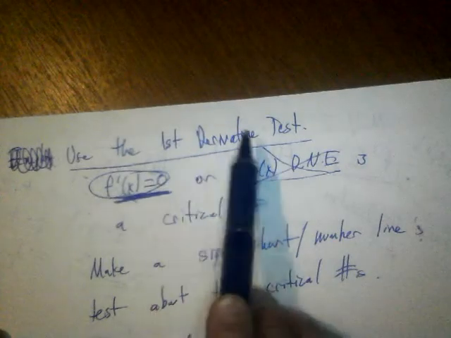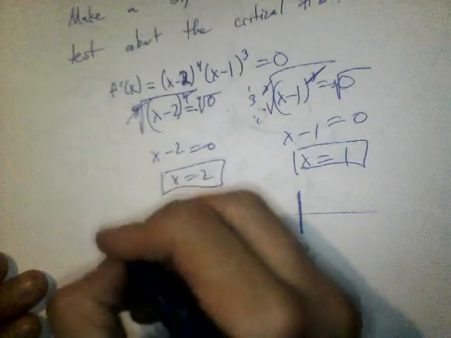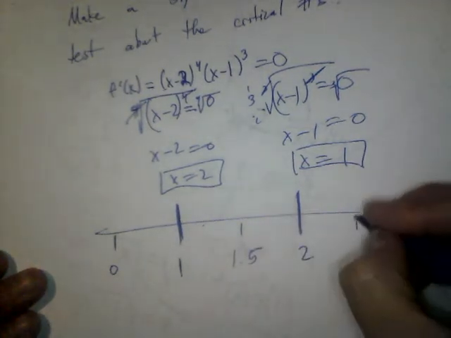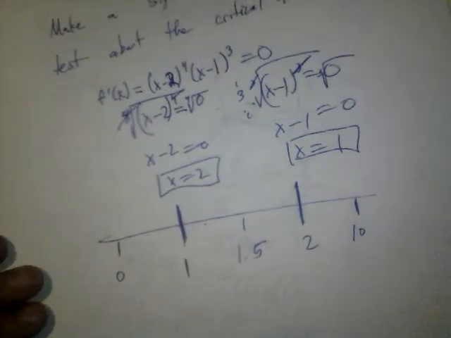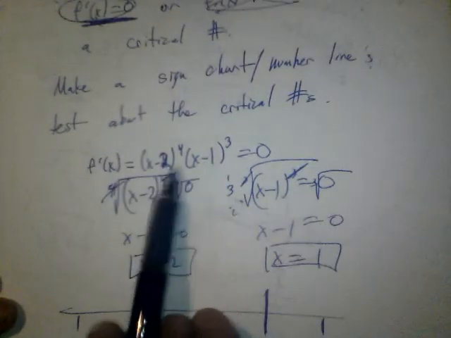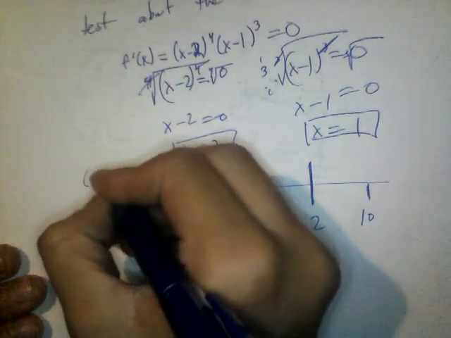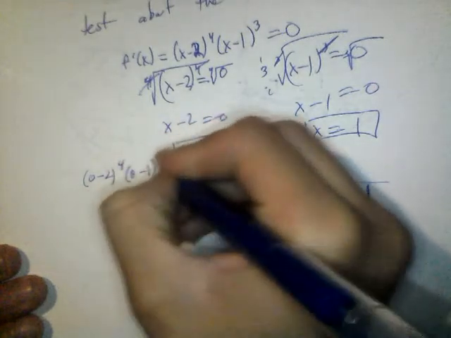Notice it's called the first derivative test because you're going to pick values and plug them into the first derivative. So let's pick some. You always want to pick easy ones. We're going to pick 0, 1.5, and maybe 10 or something. It doesn't matter, I'm just picking whatever. I'm going to plug them into the derivative. If I plug 0 in, I'm just plugging them into f prime, and I don't care about the answer.